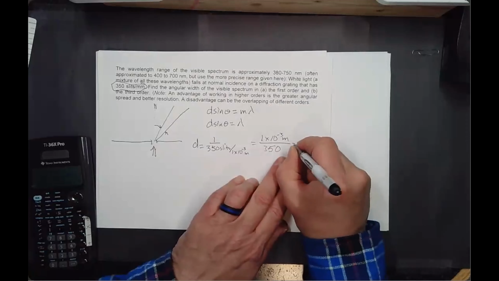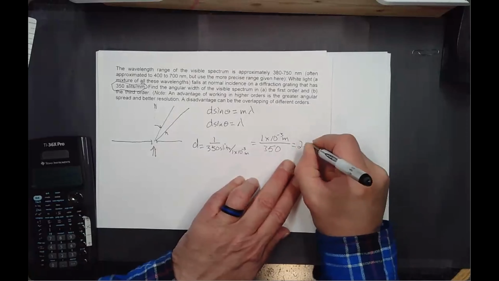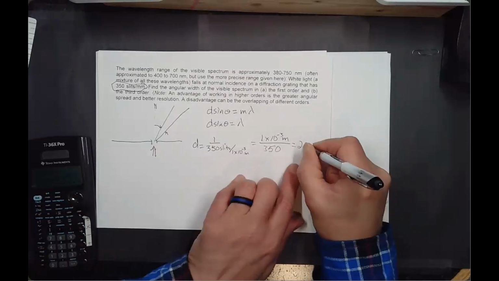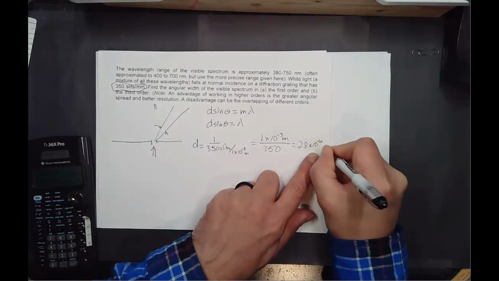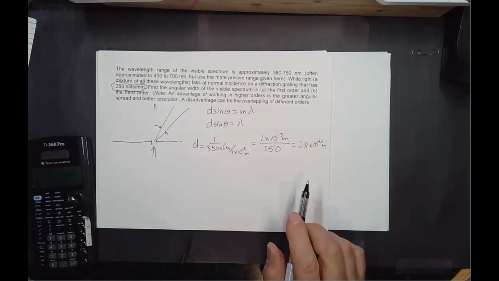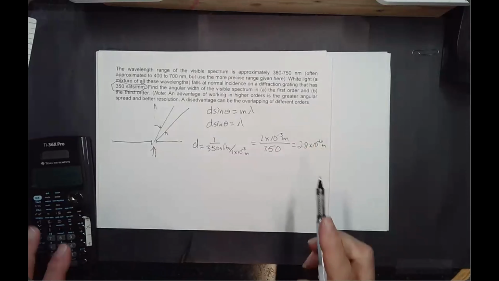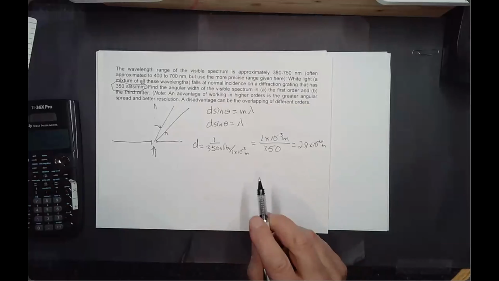The distance between the slits ends up being 2.8. We've only got 2 sig figs here, times 10 to the minus 6th meters. And that's how far it is between adjacent slits. Okay, that's not a whole lot bigger than the wavelength of light.